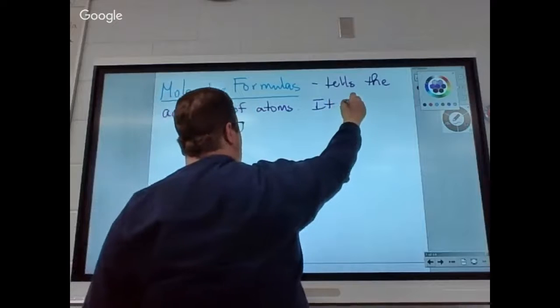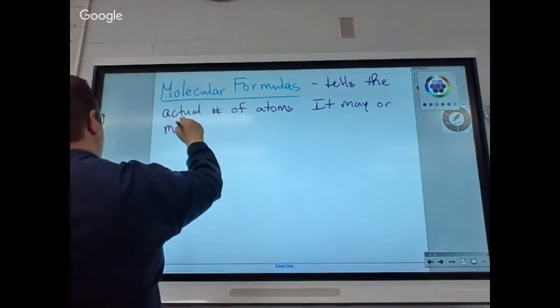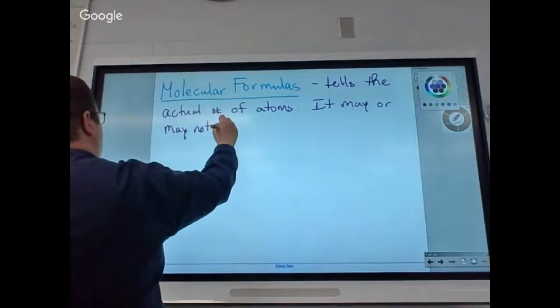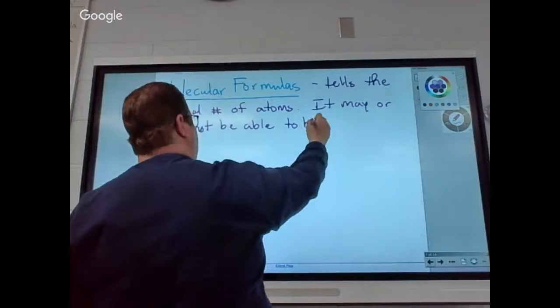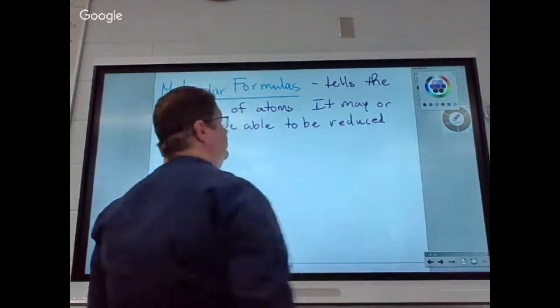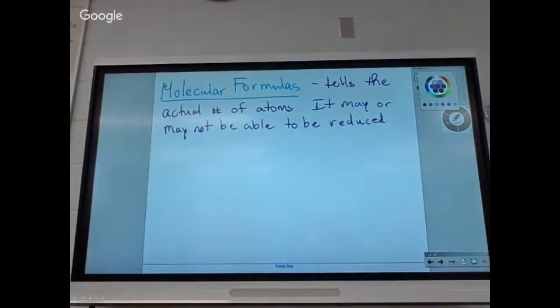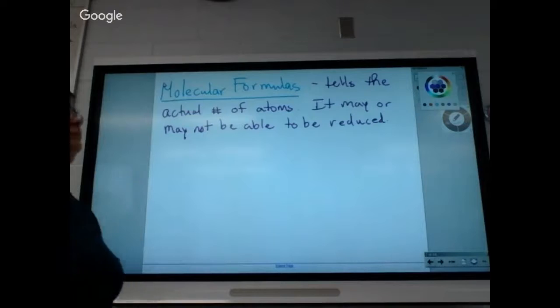It may or may not be able to be reduced. Okay? Tells the actual number of atoms, and it may or may not be able to be reduced.